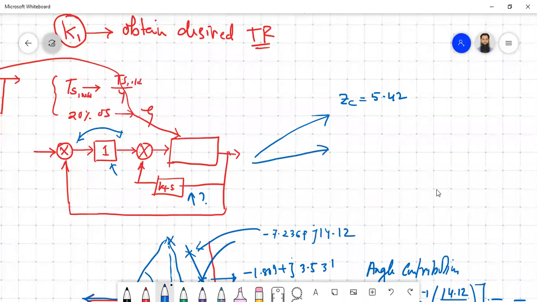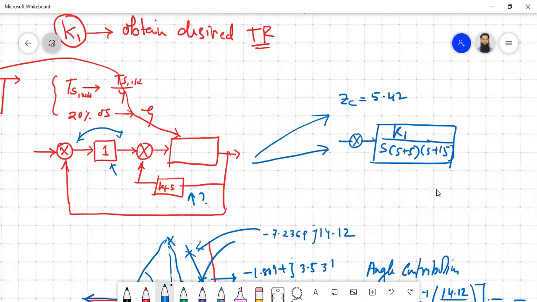What it is going to look like is K1 divided by S plus 5, S plus 15. And if you simplify the feedback one, then what you are going to get is 1 plus KF, S plus 1.